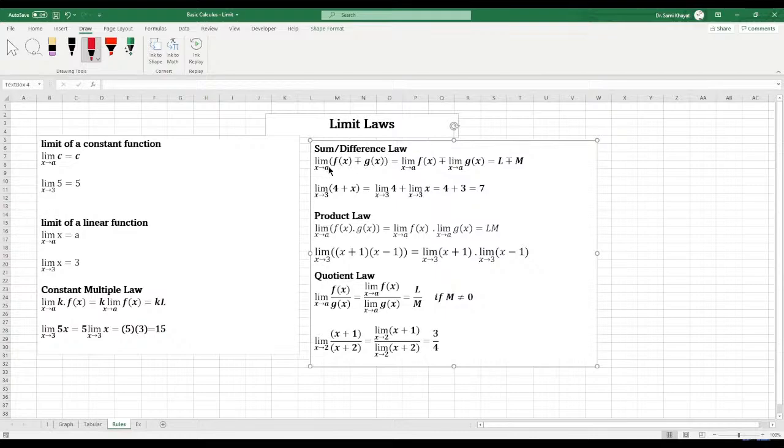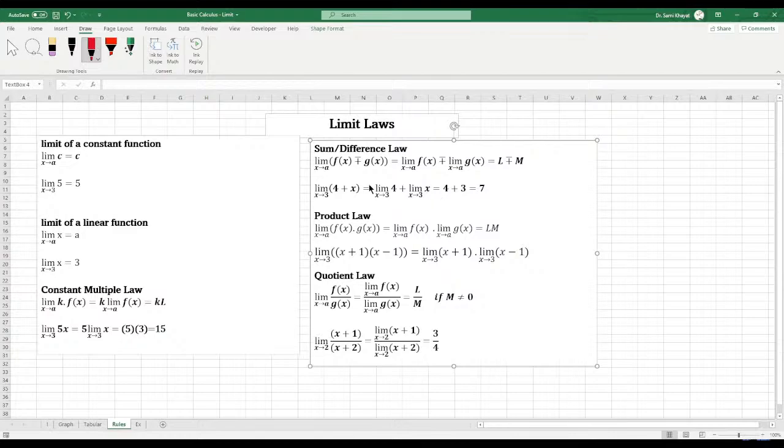If you have a limit of x approaching a of the first function plus or minus the second function, you can chop it into two limits: the limit of x approaching a of f of x plus or minus the limit of x approaching a of g of x, which will equal the value of this limit plus the value of this limit. The value of the first one was L and the second one is M.